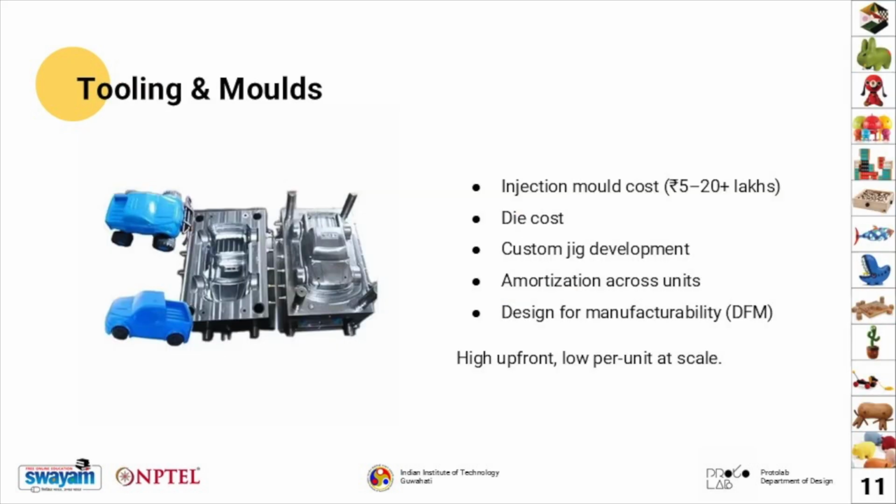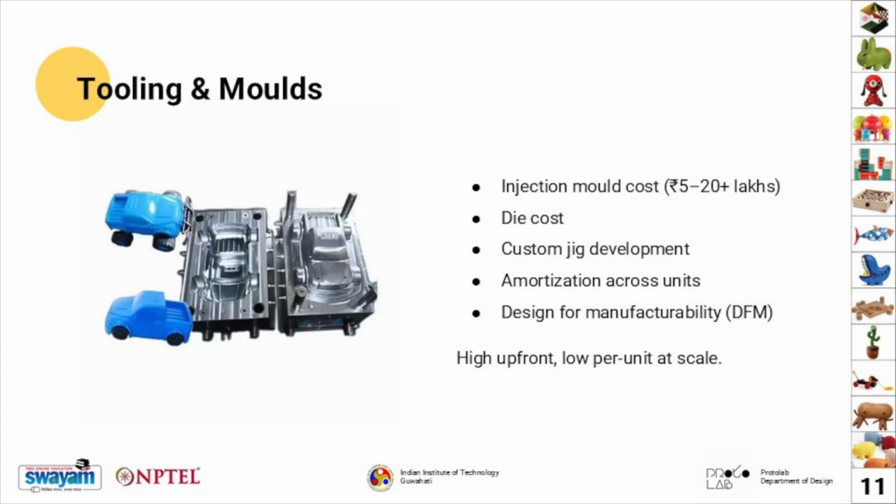Tooling is one of the biggest financial decisions in toy manufacturing. An injection mold can cost anywhere from 5 lakh to 20 lakh or more depending on size and complexity. The cost is paid upfront. Now, here is the important concept: amortization.